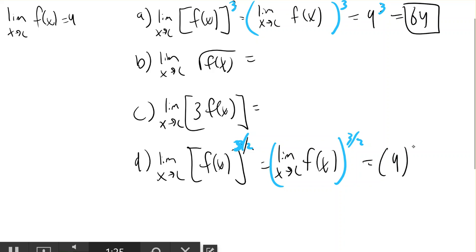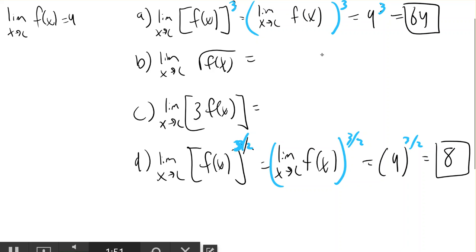This would be 4. And it's still raised to the 3 over 2. And I can simplify here. The 1 over 2 part is like a square root, and the square root of 4 would be 2. And then the 3 would ask me to cube that. So 2 times 2 times 2, that comes out to be 8.